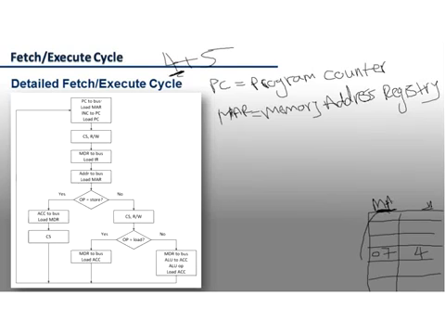Now the counter will ask, where is the address for the data? So the MAR will be loaded with the address, say, for example, 7. Now it will be incremented. Inc means increment. We're adding to the counter, so the counter now has some work to do.